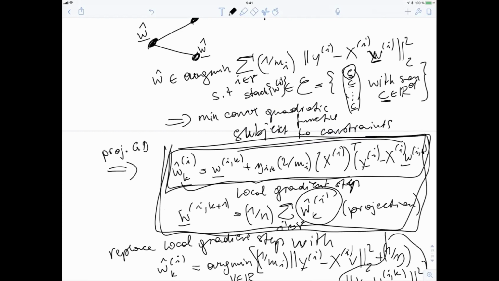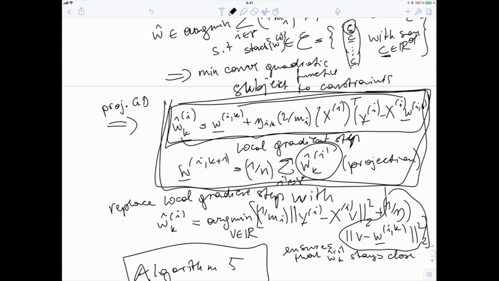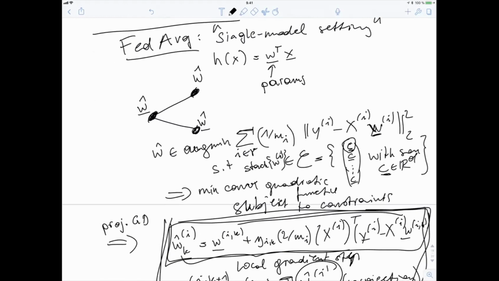Then another question: is this approach equivalent to the method when alpha tends to infinity? Yes, very good point. So instead of enforcing that all local parameters are the same by requiring them to be in the constraint set, we could avoid this constraint set altogether and use GTV minimization.